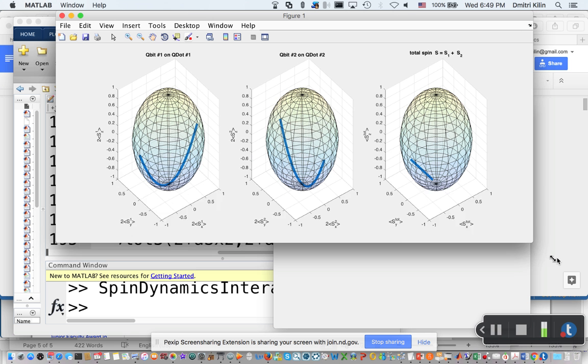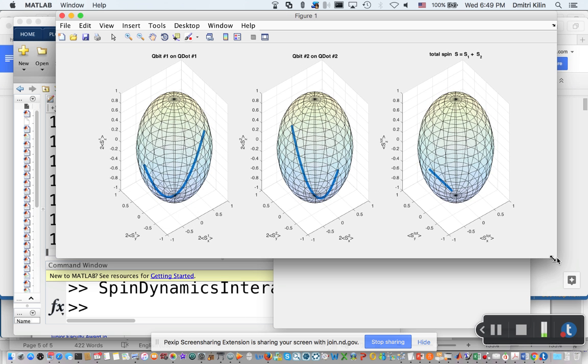If you had a little more time, we could convert these images into animated movies. But the initial state, so here is our output. Three spheres, each of which corresponds to spin projections of the first system, the second system, and then the total spin.